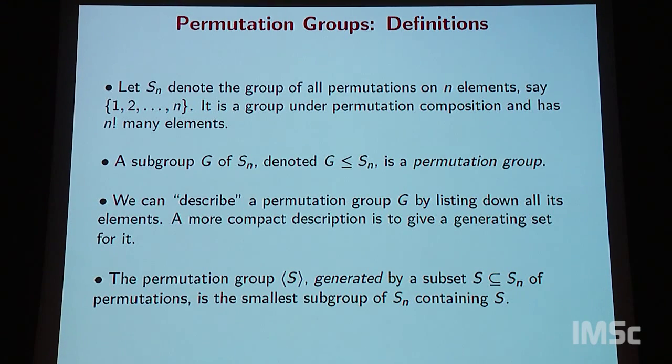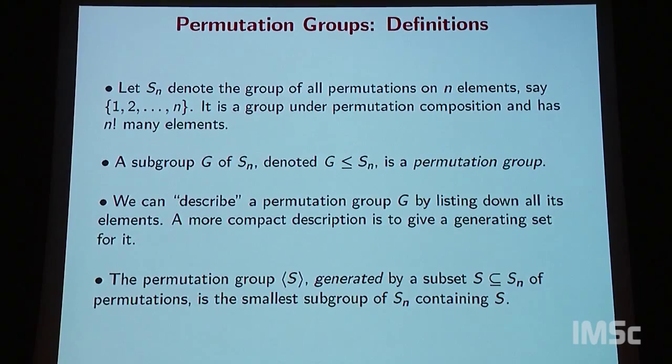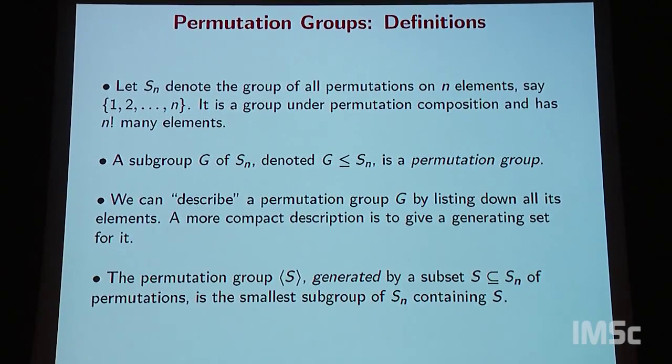It's simply the smallest subgroup of Sn which contains the subset S. Equivalently, every element of that subgroup can be expressed as a product of elements from the subset S. In that sense, it spans that subgroup in the vector space sense, except that here you may have long products, not linear combinations.